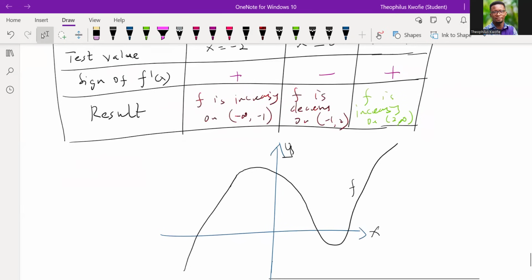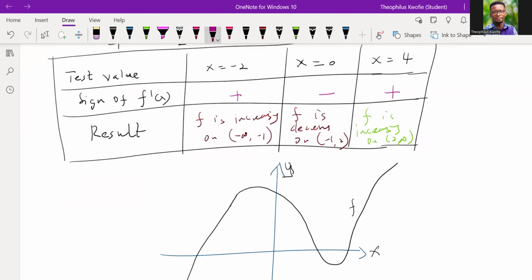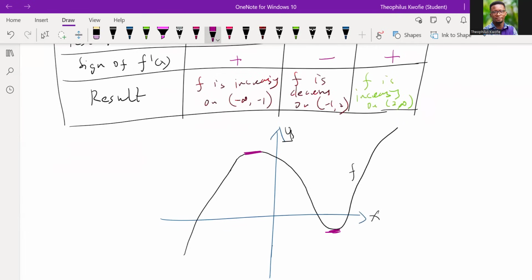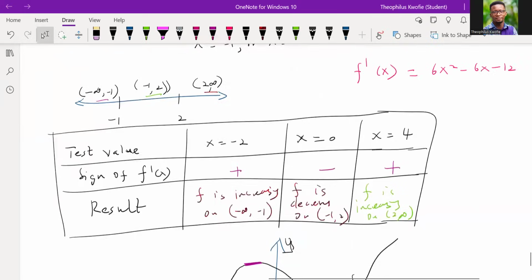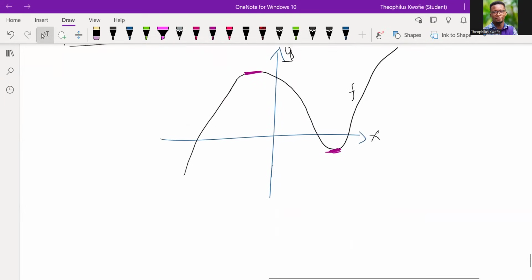Over here, we can see that the graph of the function attains its maximum here and its minimum over here, right? But what critical value was helping us to get this?